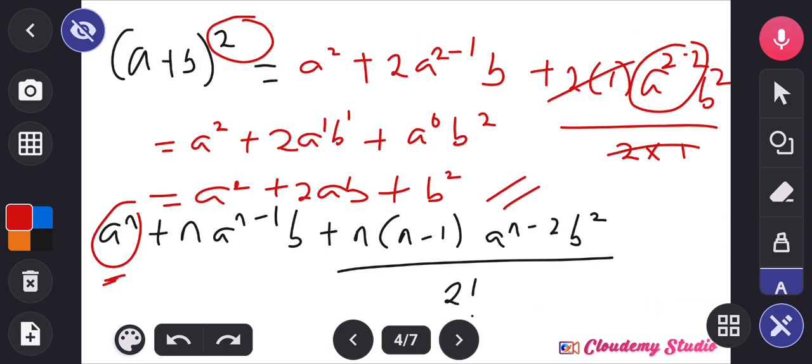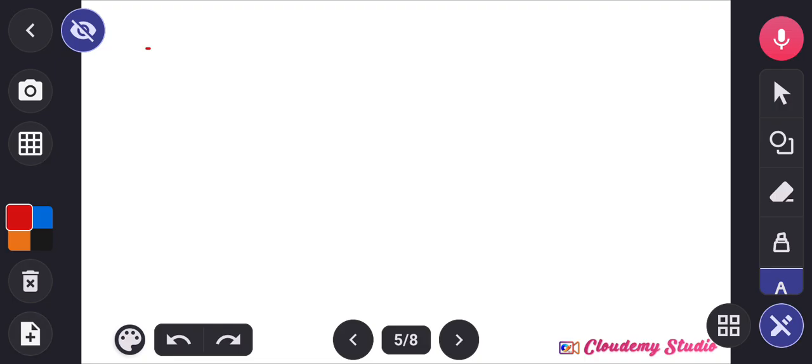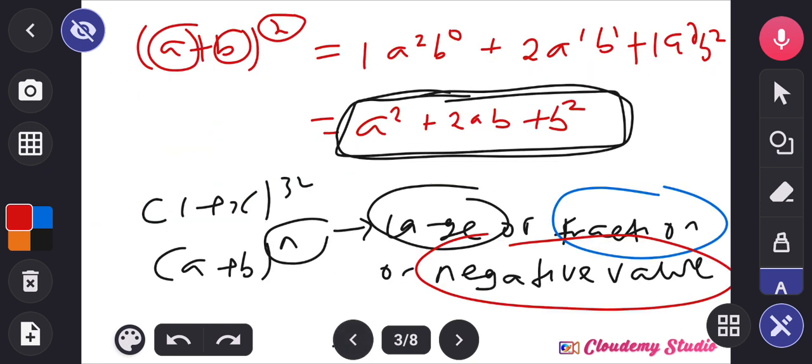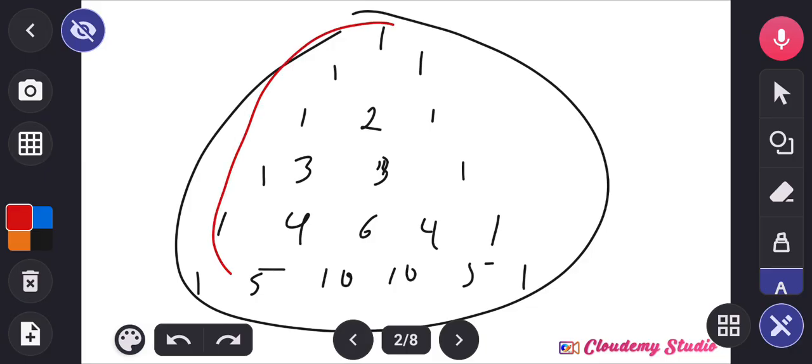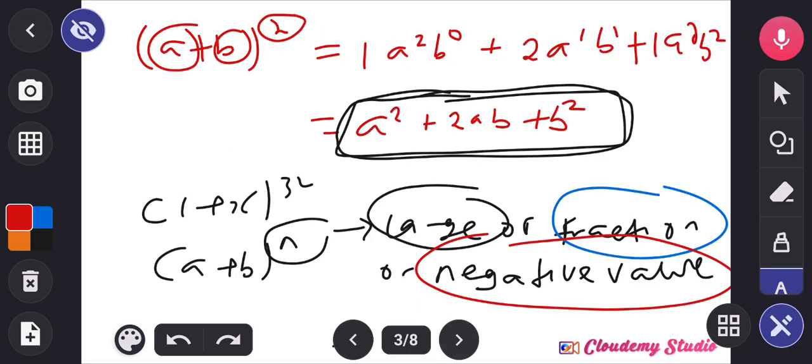You get me now? For example, we are told to look for the binomial expansion of a plus b raised power minus 2. But if you check very well, there is nothing like minus 2 on this particular Pascal's triangle. Therefore, you are going to use binomial expansion.